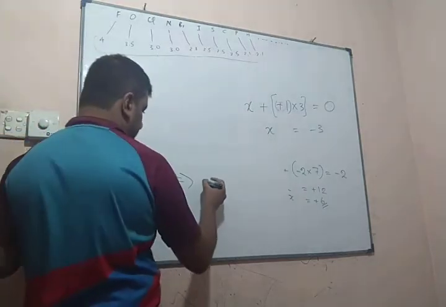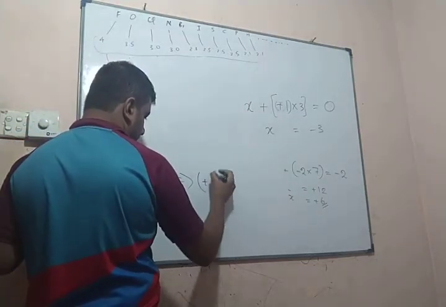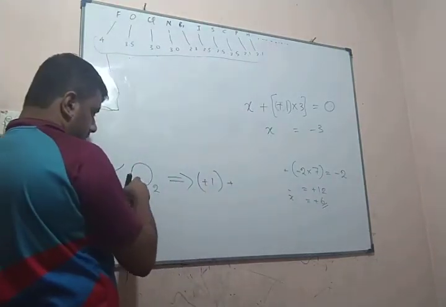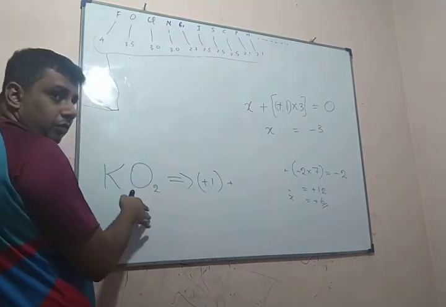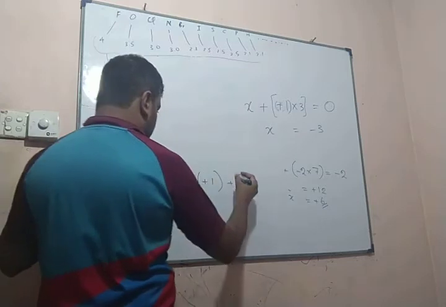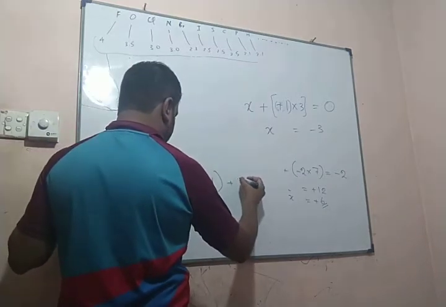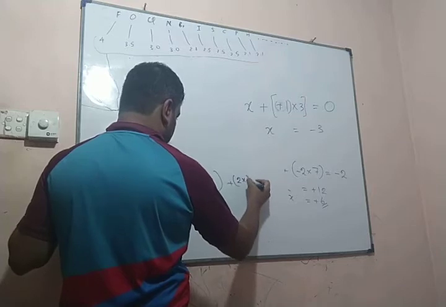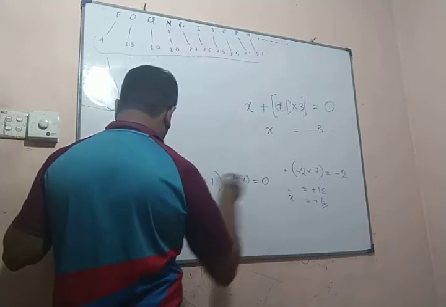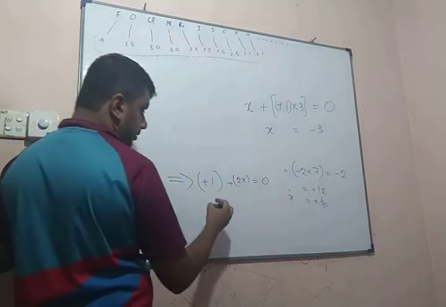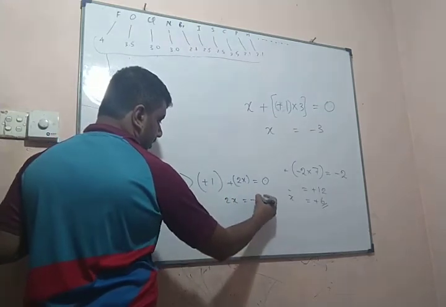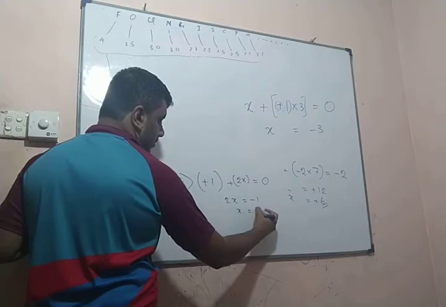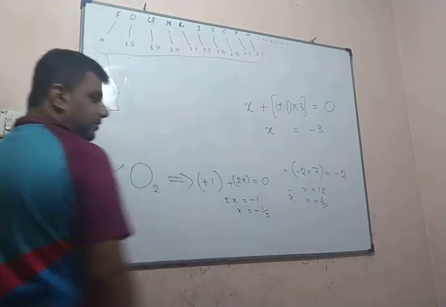So plus 1 plus, yeah, you need to find the oxidation state of oxygen here. Okay. X into 2 or 2x is equal to 0. Sum is 0. Okay, what? 2x is equal to minus 1. So x is equal to minus half.